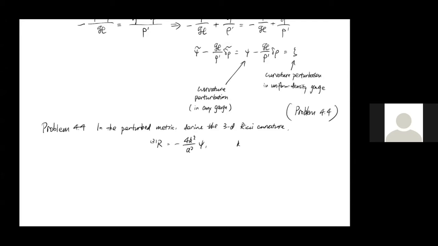This k is the wave number, the comoving wave number.